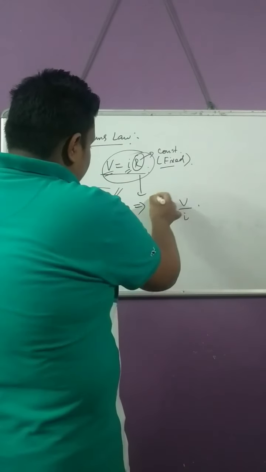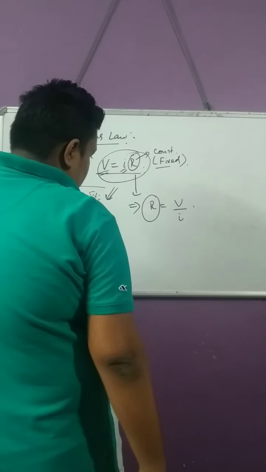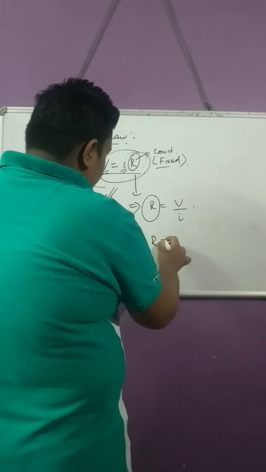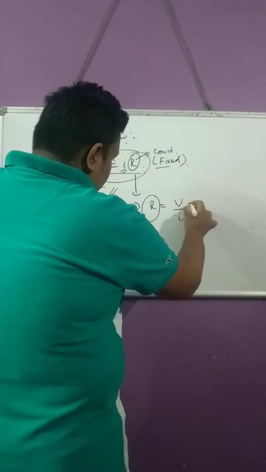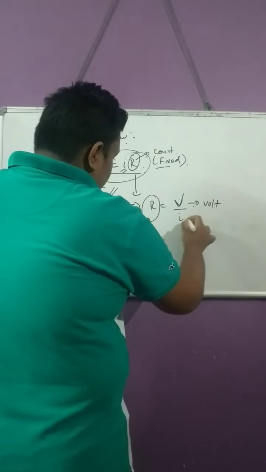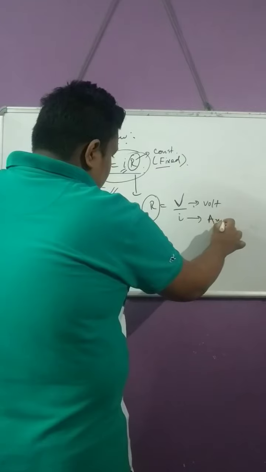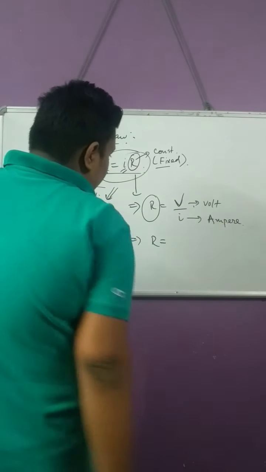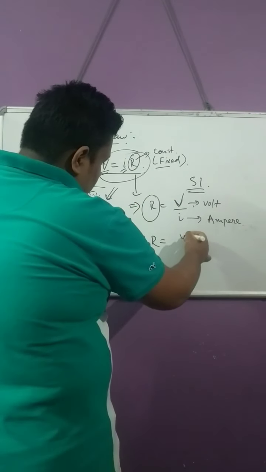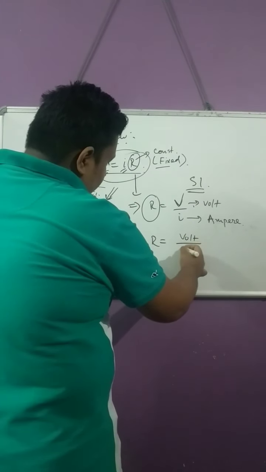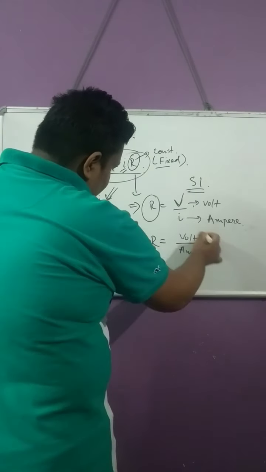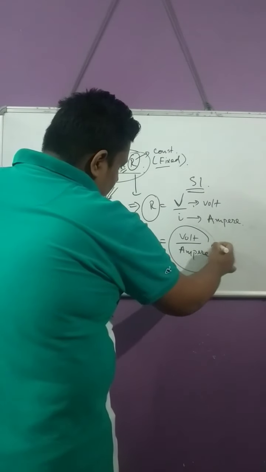Now, what is the unit of resistance? From the formula we get the unit of resistance. Suppose R will be in units of volt, we know the unit of potential difference is volt, and the unit of current is ampere. All these units I am telling about are SI units. So R will be volt by ampere, and this volt by ampere is said to be ohm.